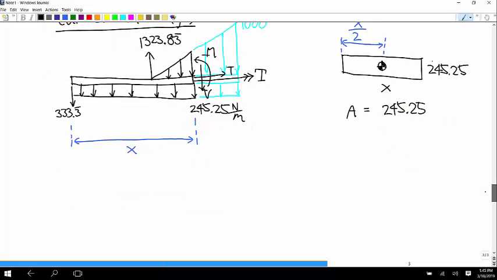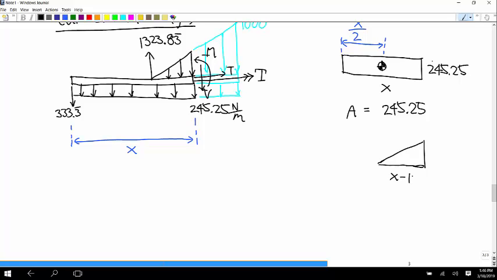Okay, what about the triangular load? And this one, so remember, it doesn't go all the way to x equals 0. But we're just trying to figure out the geometry of this triangle. What's the base of this triangle? Yep, perfect. x minus 1.